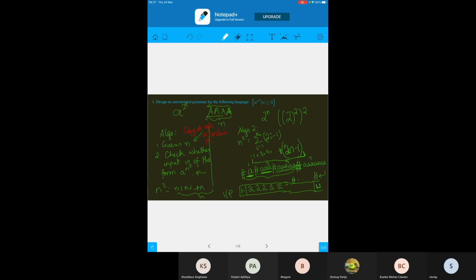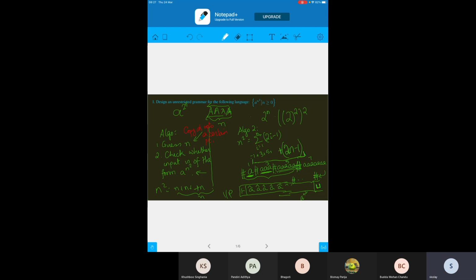If we don't reach a blank space, if we don't reach a hash, are you saying that if I don't reach a hash or a blank space, then I'm not in the form a power n square? Yes. So my question was, suppose you have reached a hash and you have reached a blank space in the input tape, then you can conclude that the input tape started off with an a power n square for some n. Yes. For anything else, you can say no. Yes.